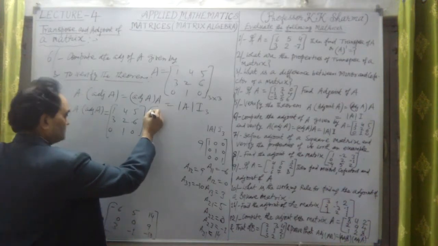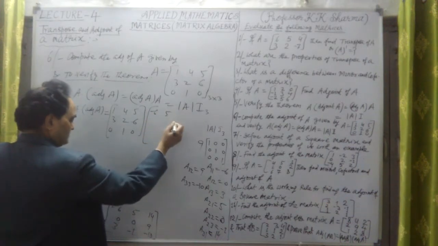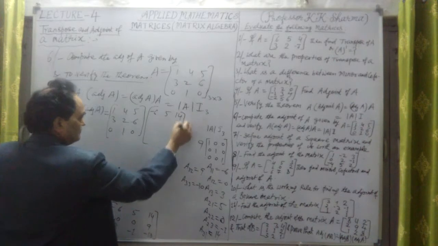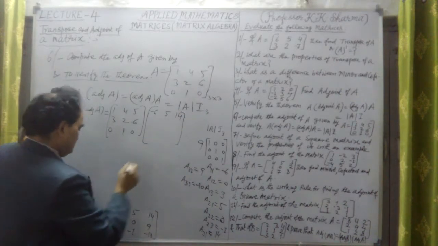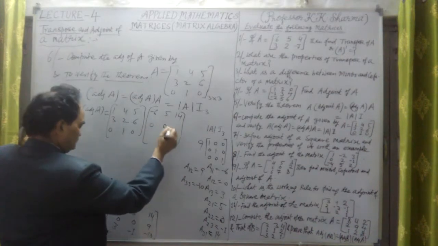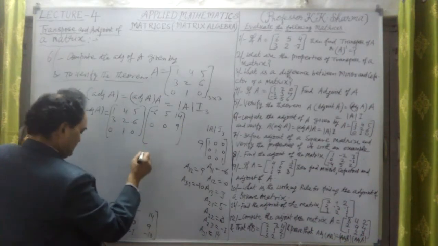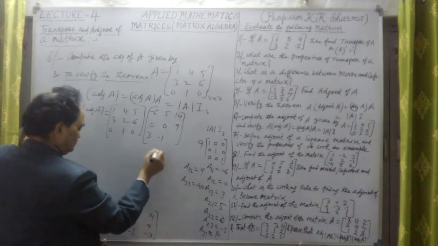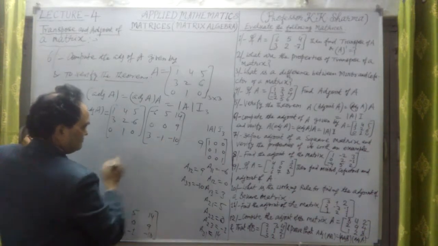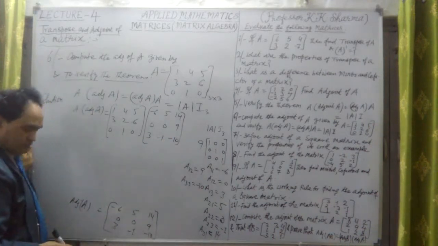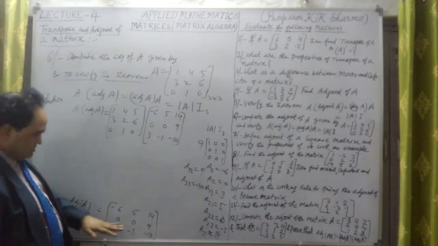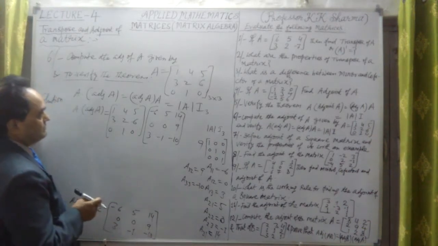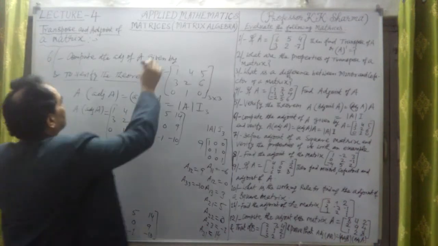This is nothing but minus 6 5 14, 0 0 9, 3 minus 1 and minus 10. This is the final value. Okay, this adjoint we have to remember, so let me write here what the adjoint is.